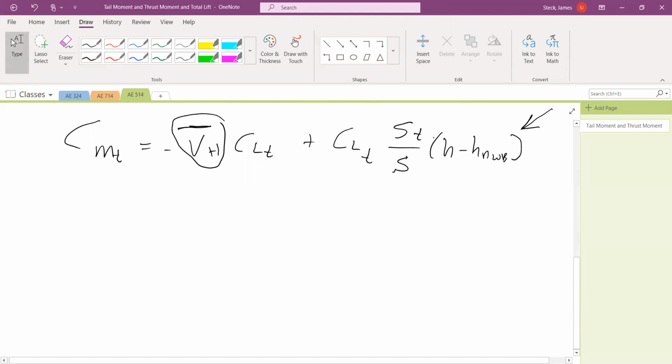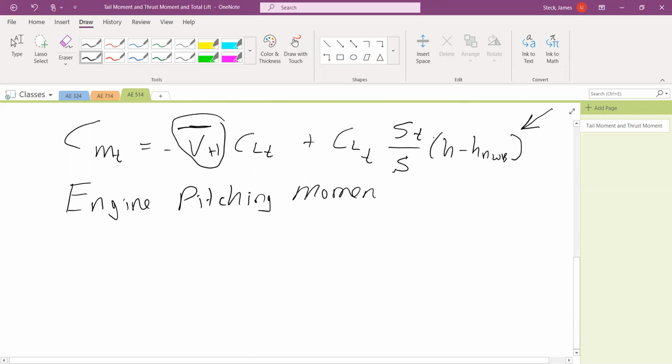But the other thing that we need to talk about, and this is on the homework, is that the engine can produce a pitching moment. And so we need to draw a free body diagram or a picture of the engine thrust line. So there's the center of gravity. We're going to be taking moments about that.